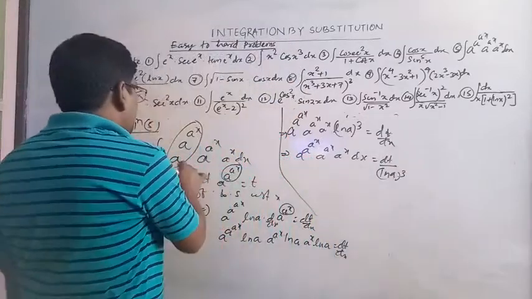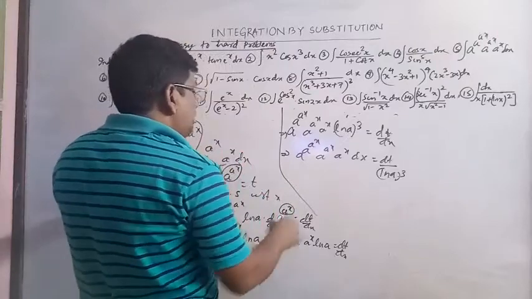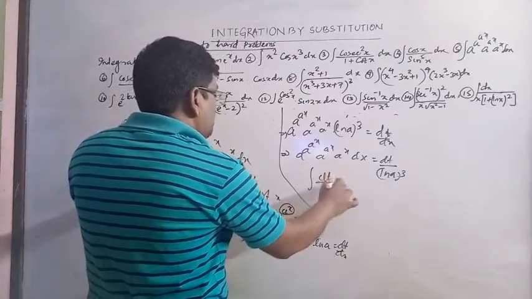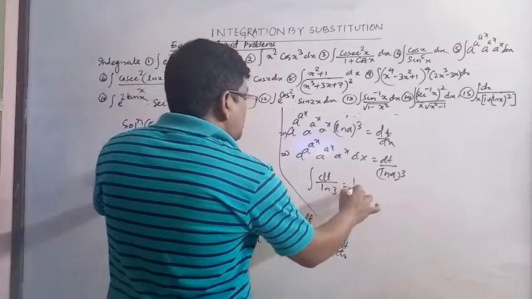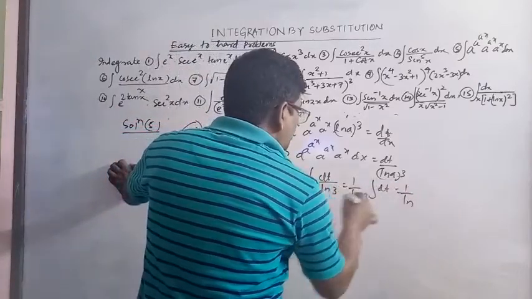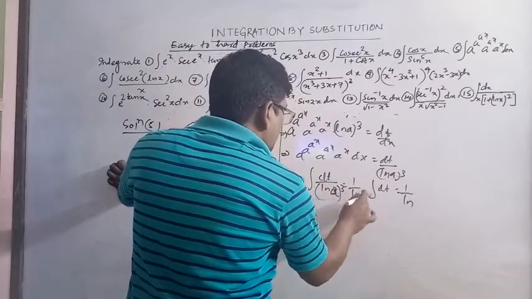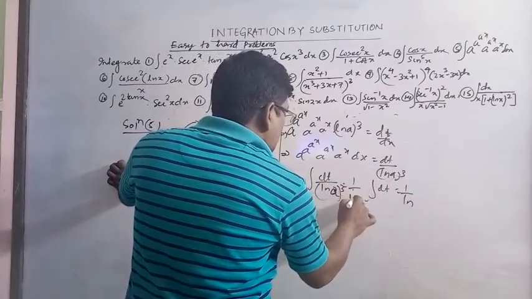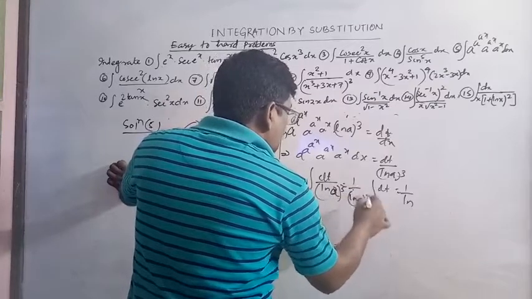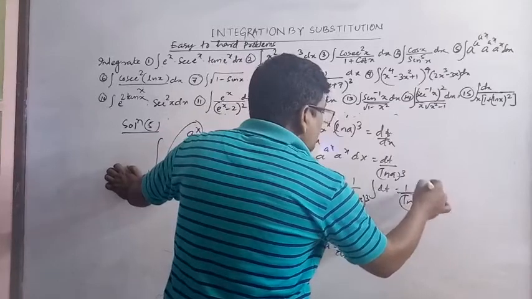So integration of dt by log a whole cube, so 1 by log a whole cube is constant, integration dt, 1 by log a whole cube into what?